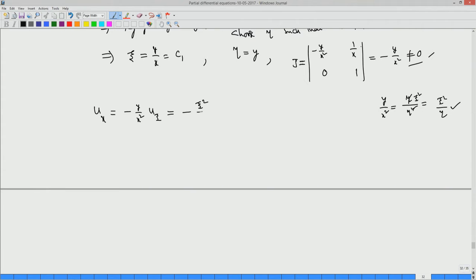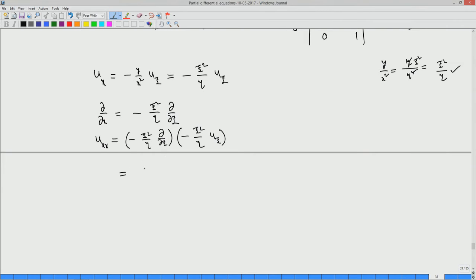So, into u xi, this is my ux. That will give me dou x is minus xi square by eta dou xi. So, we can now write uxx: minus xi square by eta dou xi acting on ux. Ux is minus xi square by eta u xi. This is a function and this is an operator.